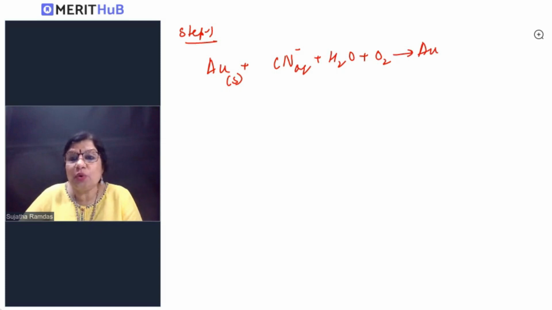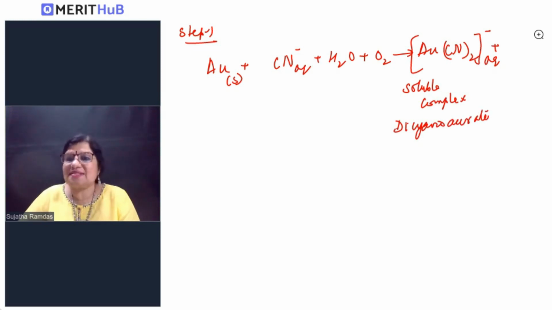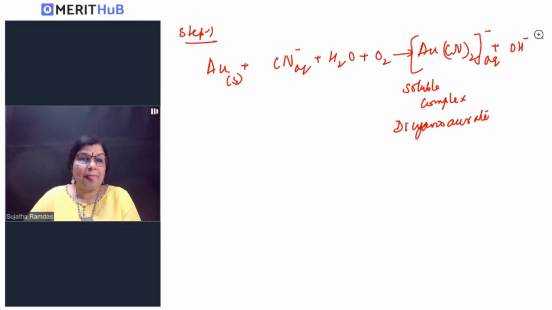Au gets converted to Au plus, which forms a soluble complex ion, referred to as the dicyanoaurate complex. Plus, you get OH minus. To balance this equation, we put 2 here, so it is 4 OH minus. Remember, this is in the ionic state.